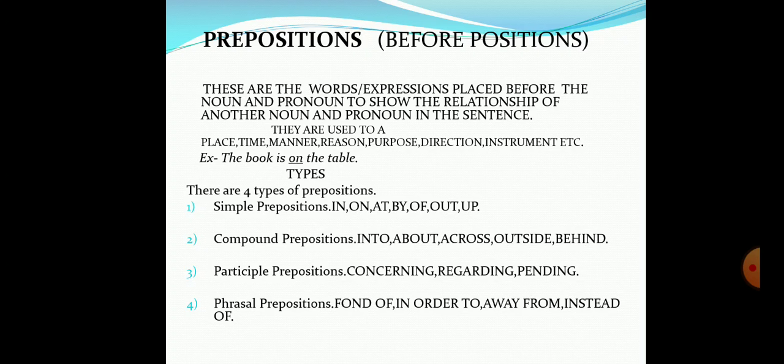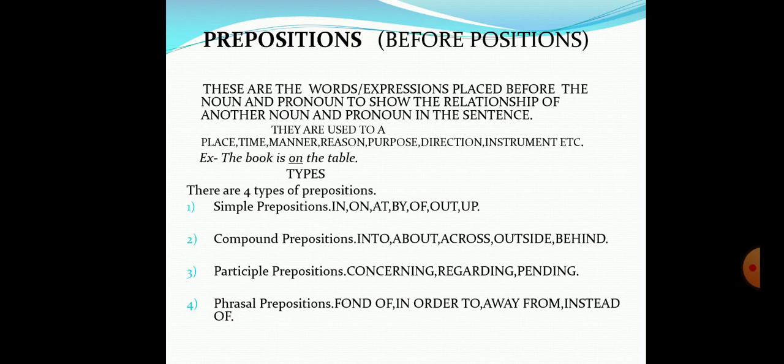It indicates the relationship of noun and pronoun in the given sentence. On is a preposition. It indicates the relationship of these two nouns. They are called prepositions. They are placed before the nouns, pronouns, sometimes adjective nouns.